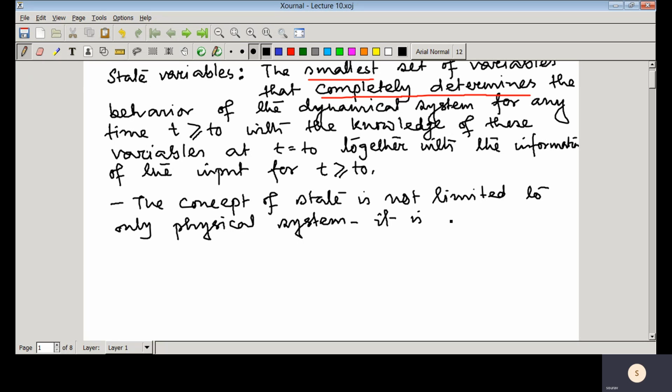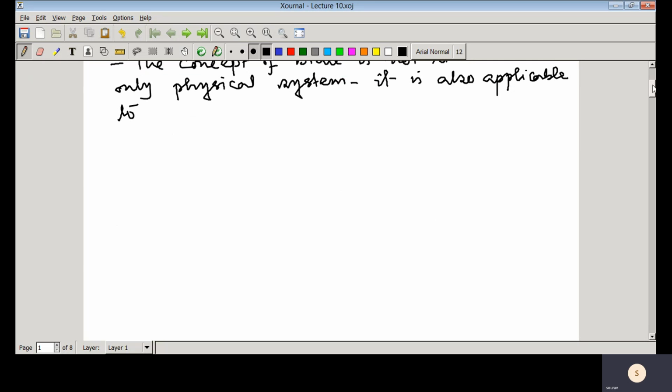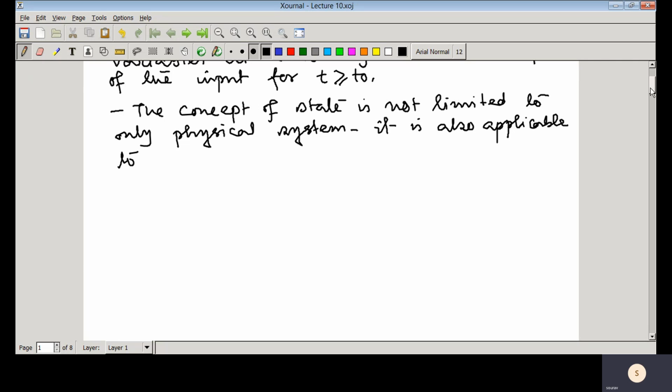It is also applicable to, so from here you can see that to find a mathematical model of any social system or economics, you can also use the state space modeling technique.